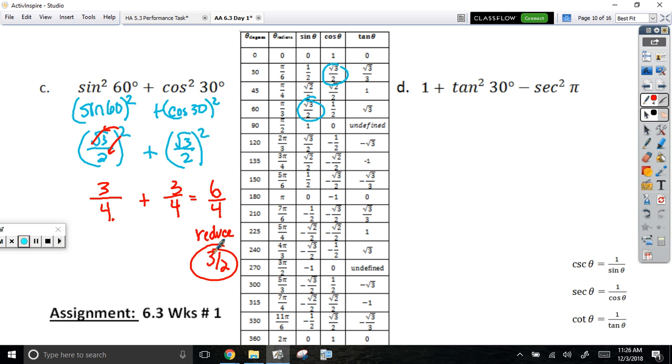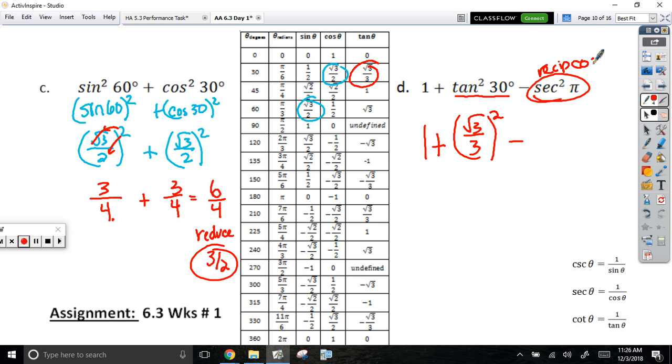Okay, and then our last one, we're going to find tangent of 30. Since it's tangent squared, we'll put quantity squared. Now the secant, remember, is the reciprocal of the cosine. So we'll go find our pi, and our cosine is -1. So it's really -1 over 1.